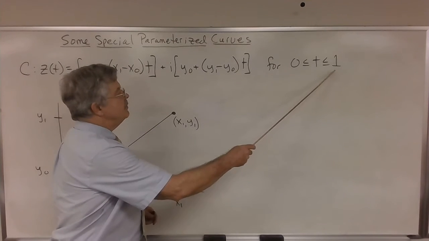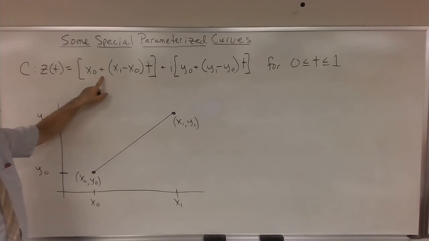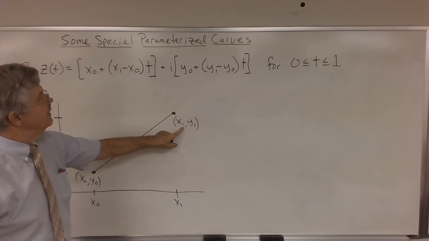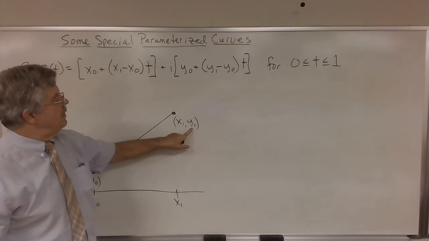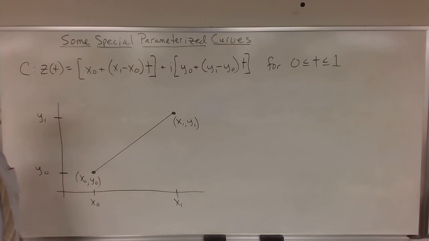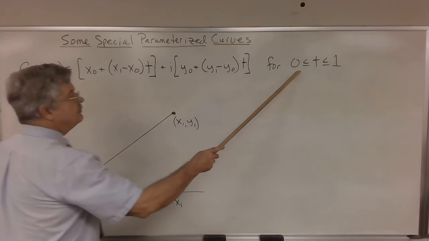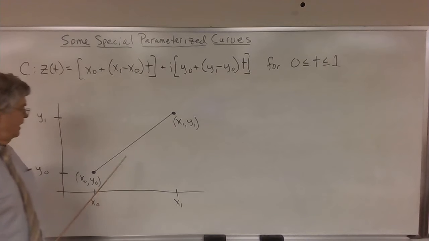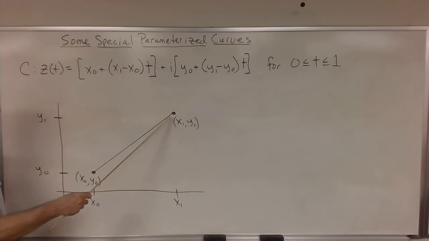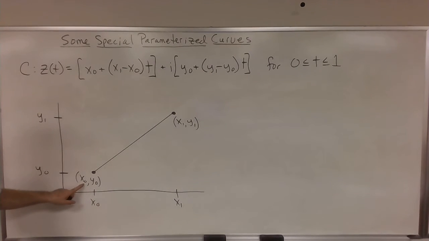So when t equals 1, the real part is x1, the imaginary part is y1. And as t progresses from 0 to 1, it traces out this graph, which happens to be a line segment with endpoints (x0, y0) and (x1, y1).